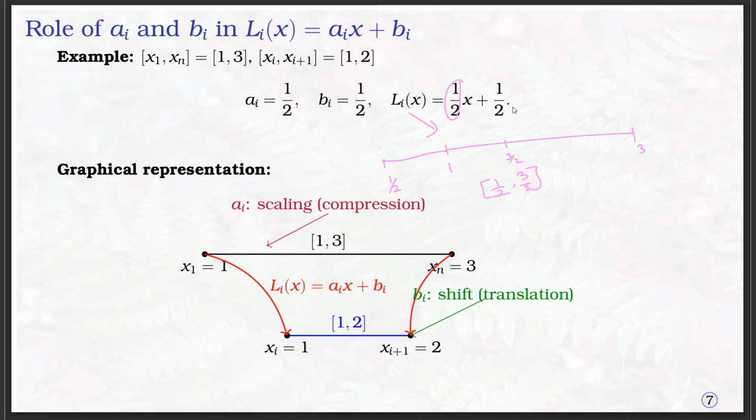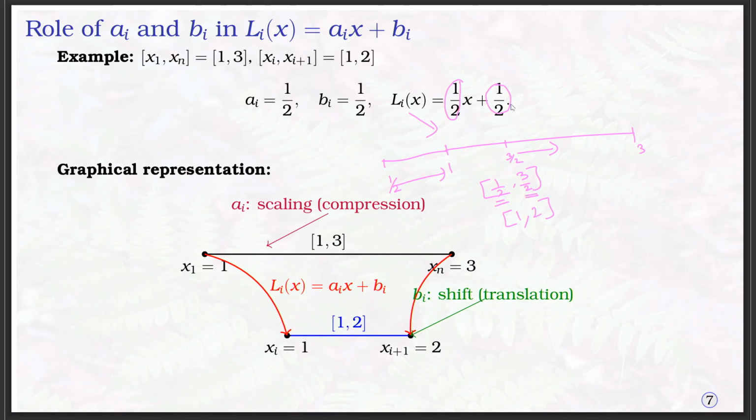Now, what is the role of this Bi? Bi is making the shift from 1 by 2 to 1 and 3 by 2 to 2. So if you are adding 1 by 2 to the two endpoints of this interval, then 1 by 2 becomes 1 and 3 by 2 becomes 2.